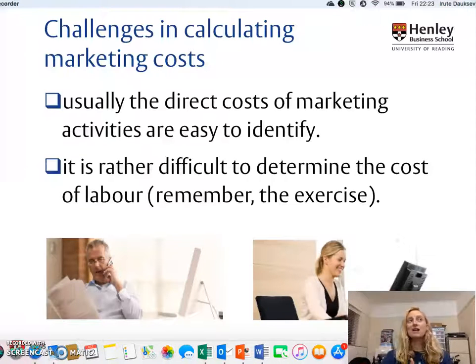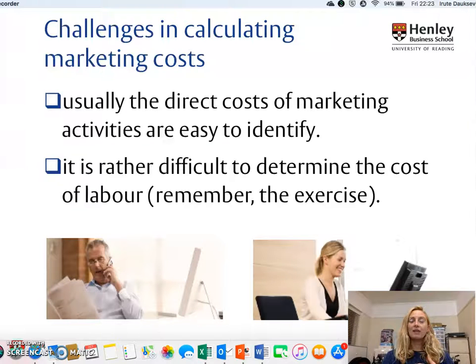Because remember, a lot of the time companies work with other agencies, they have established relationships, and a lot of the jobs are done by them. Obviously when you pay agencies, this would include labor costs and non-labor costs attributable directly to marketing.